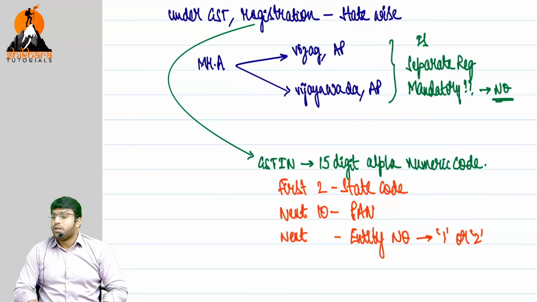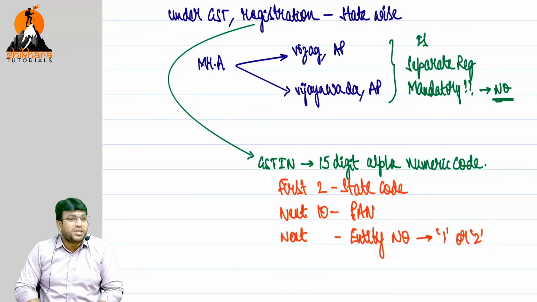Now one doubt has come to the student's mind. Sir, you told 1, 2, 3. After 9, what will happen? One person tweeted on X and tagged the Ministry of Finance asking the same question. After 9, what will happen?